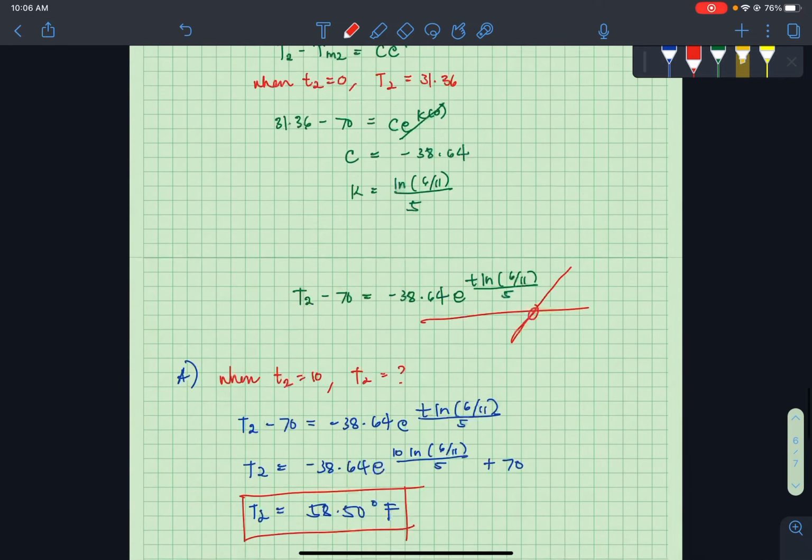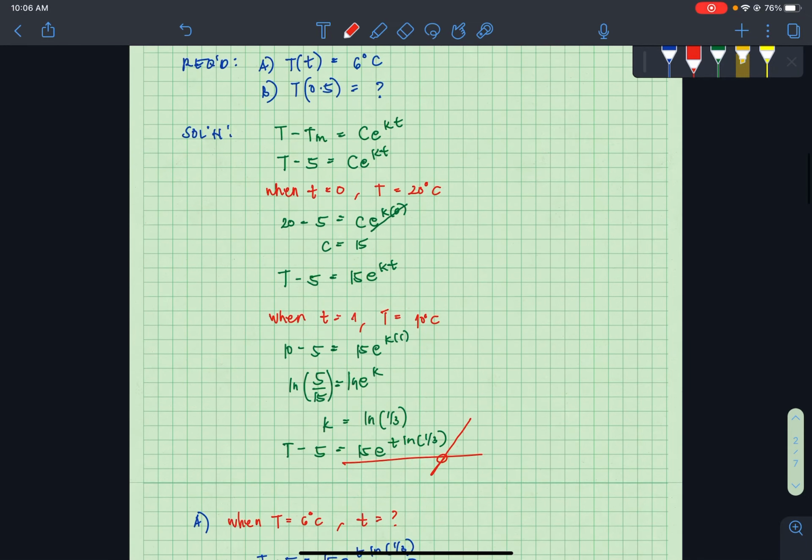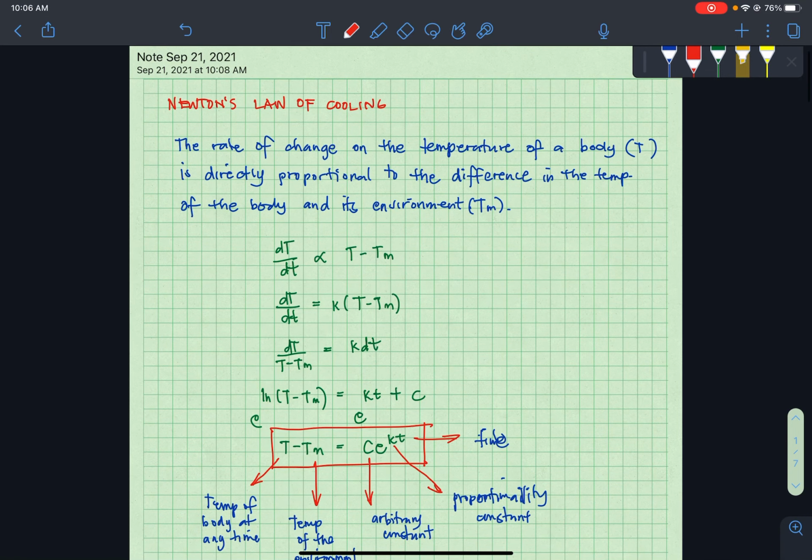So that will be Newton's law of cooling. For additional examples, you can refer to the next video, the video which is in our module. So that will be all for Newton's law of cooling. Thank you.